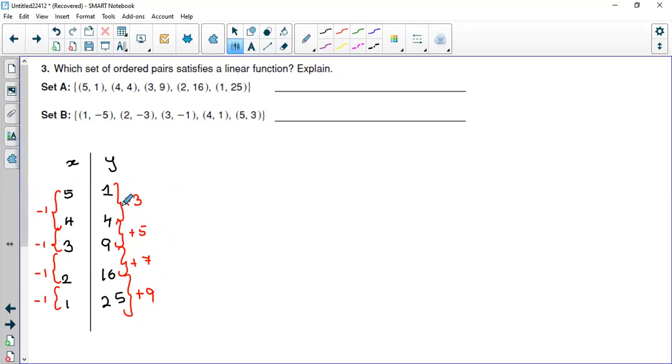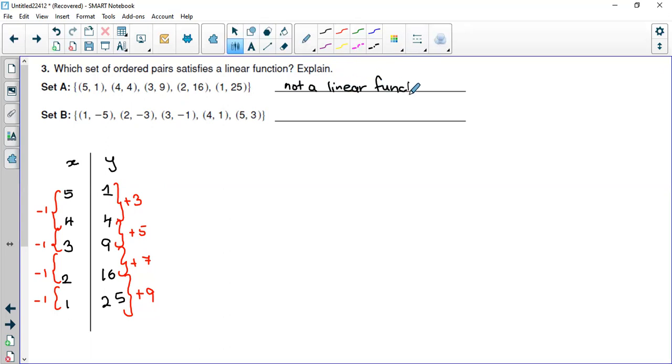Now, see the values of y? They are not constant. They are not the same. It's plus 3, plus 5, plus 7, plus 9, which means this ordered set of pairs is not a linear function, right? So we have to say here, not a linear function.